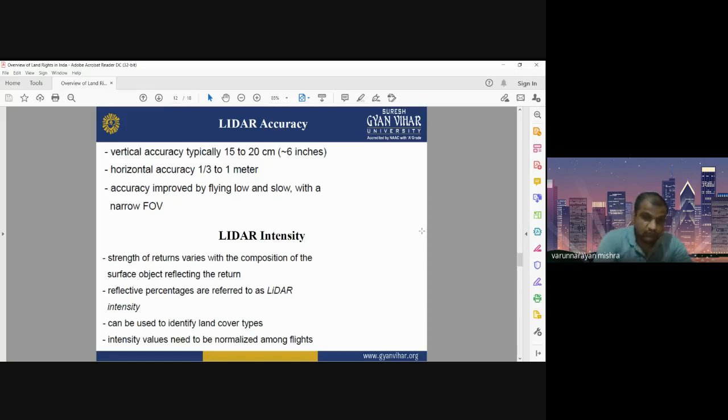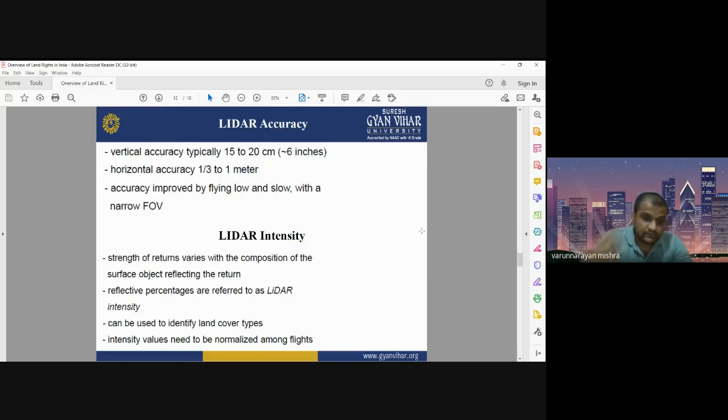Lidar receives the incoming energy in the form of intensity, which is a quantitative value. The strength of the return varies with the composition of the surface object. What kind of object is there, what is its composition, how much energy it is reflecting and how much it is absorbing, all affect the strength of the energy received by the lidar system. The reflective percentage is referred to as the lidar intensity.